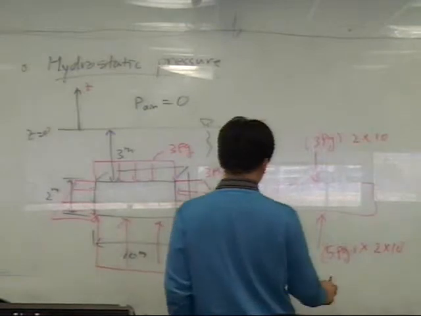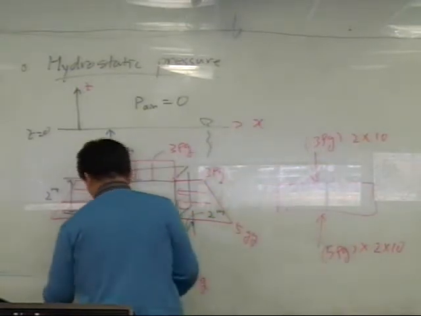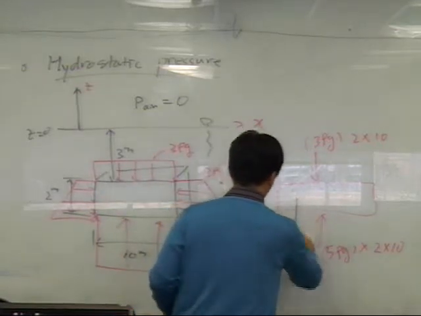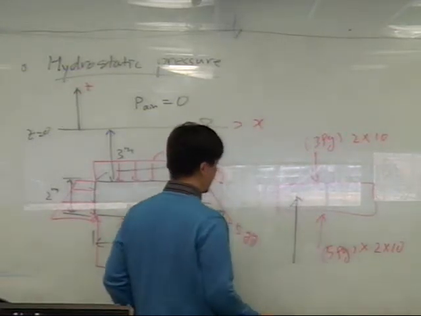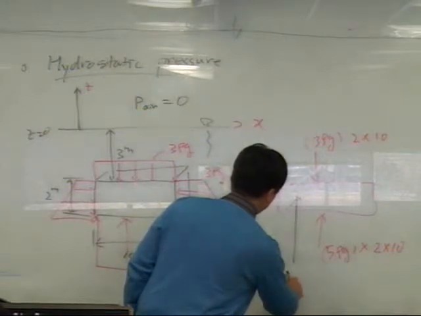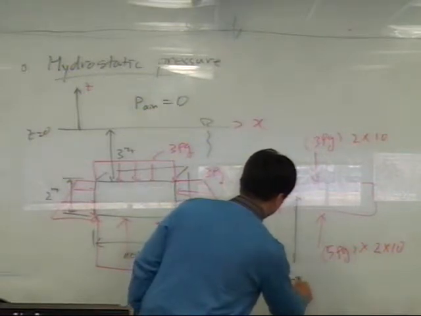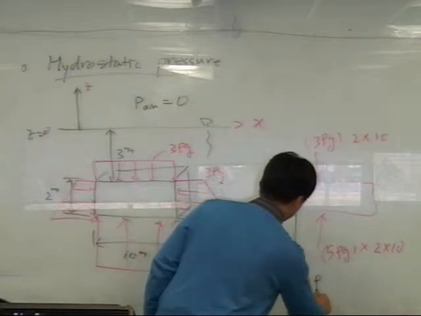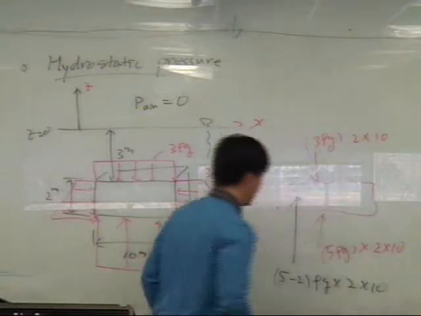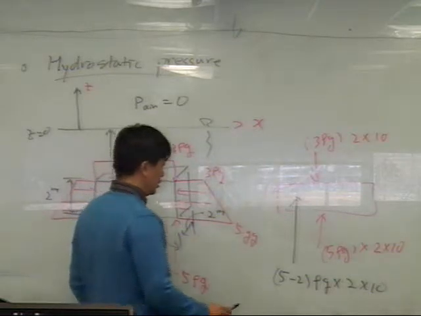The difference is, if we sum this, you will have a force in the upward direction, in the g direction: 5 minus 3 rho g multiplied by 2 multiplied by 10.